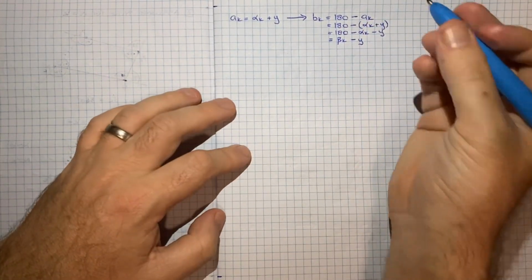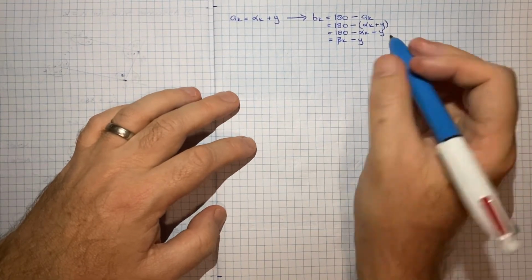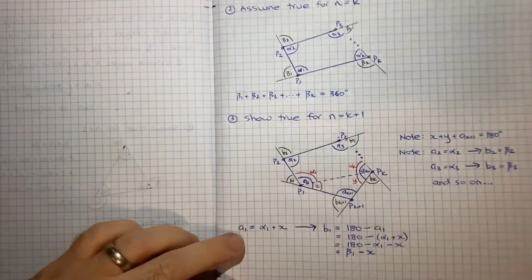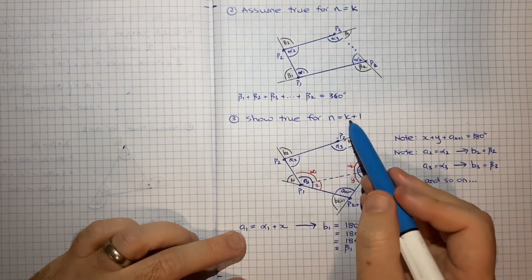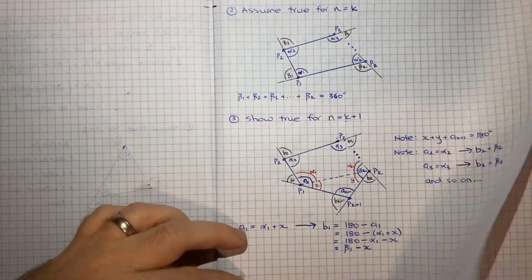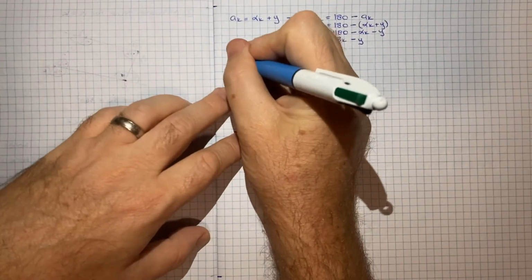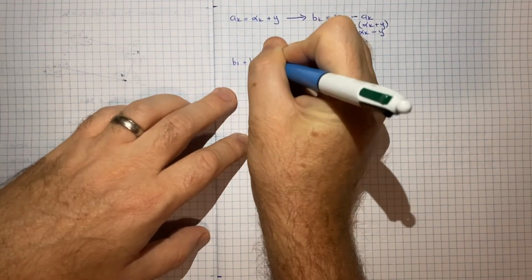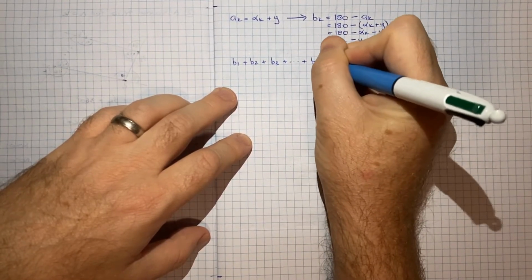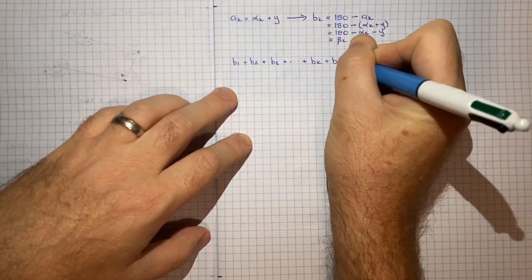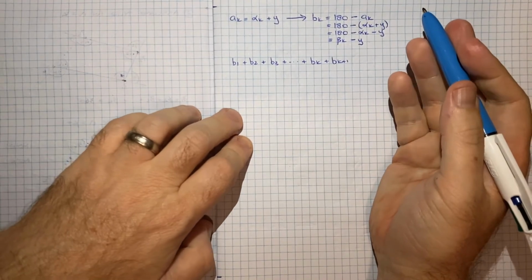All right, now we can think about, well, what is the sum of these exterior angles in this k plus 1-sided polygon? So the sum would be b1 plus b2 plus b3 and so on, plus bk plus bk plus 1. We've got k plus 1 items now.